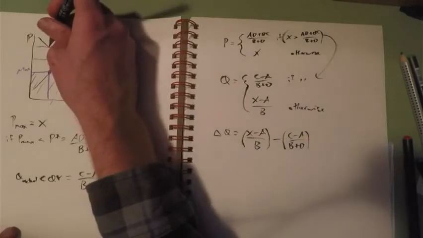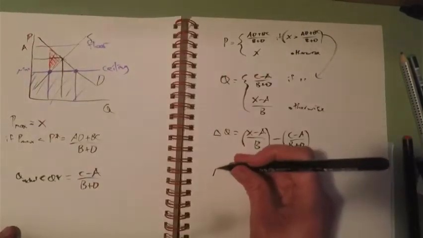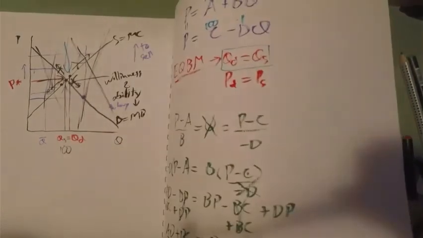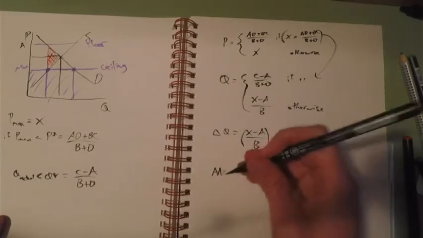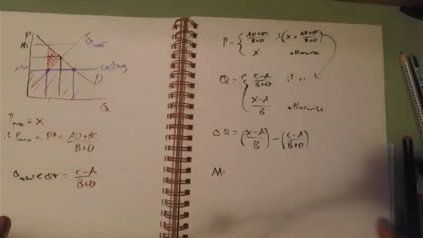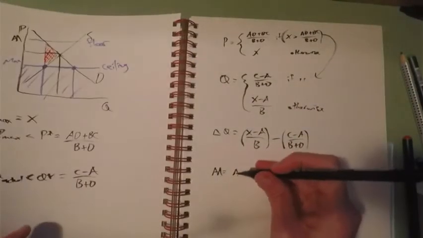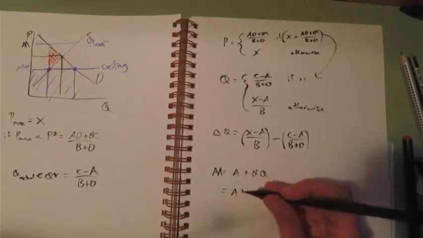So let's just call this A. A is going to be equal to that price, which is A plus, oh, I already used A. Let's call it M.